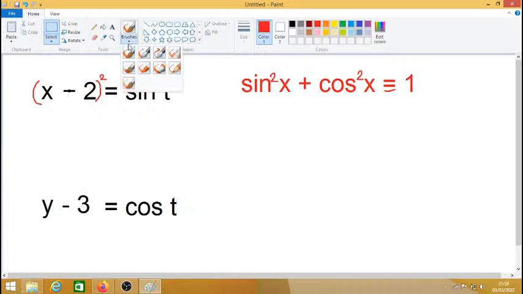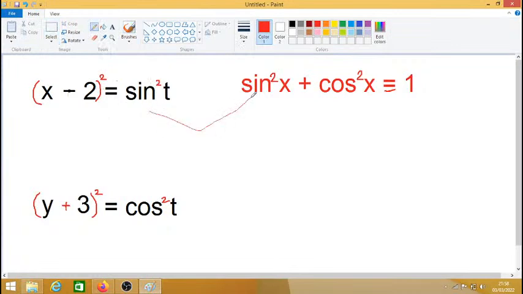So minus 3 comes across, changes to a plus. And then we can square both sides. So we'll have y plus 3 squared is equal to cos squared t. And now I can use this identity. I can say, look, if I add them together, then I can replace that sine squared plus cos squared with 1. So let's take both equations and add them together, or let's just substitute them into here.